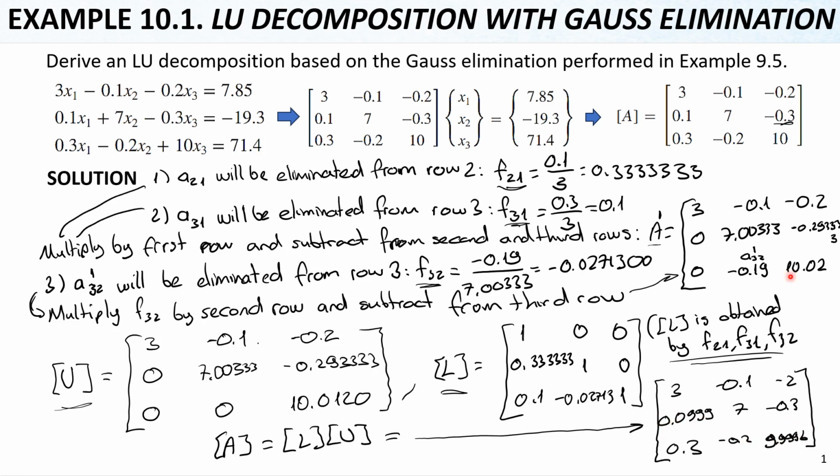It's because we used some rounding to represent these numbers, and when we multiply them back, it gave us some round-off errors. So when you compare this with this one, it's almost the same except the round-off errors. But that's okay, these are very small round-off errors. They can exist, no problem.